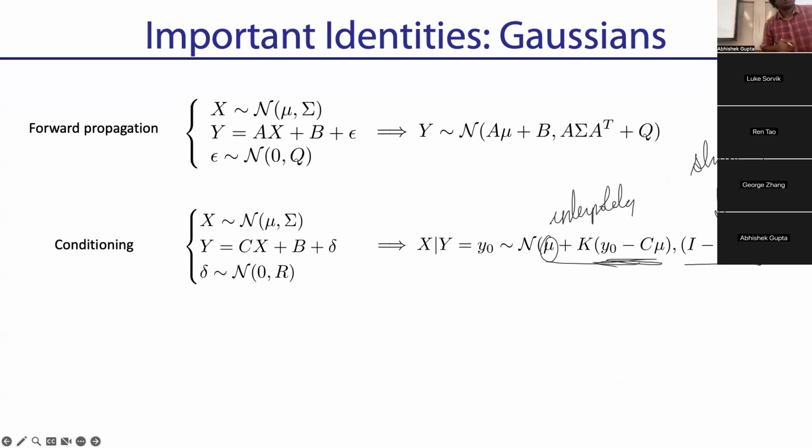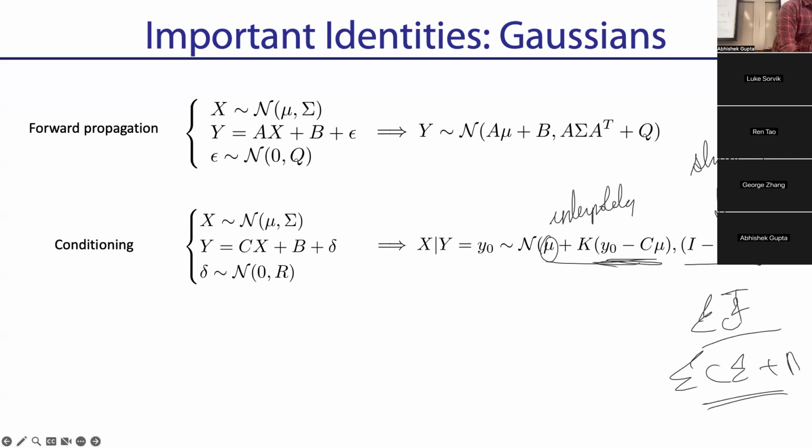Go ahead. I haven't defined it yet. It's a little nasty. But we'll define it. It's a function of C and sigma and R. It's like sigma C transpose by sigma C sigma plus R, something like that.